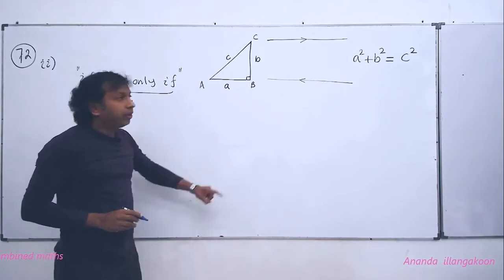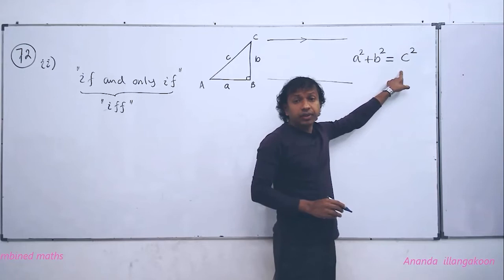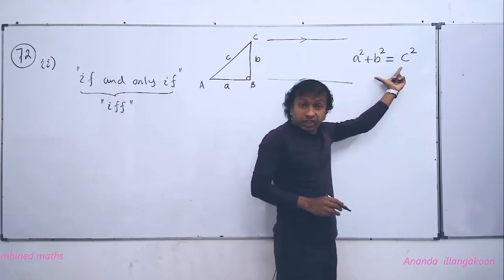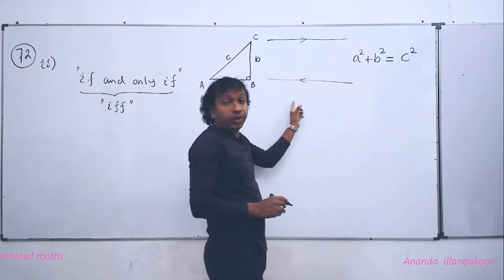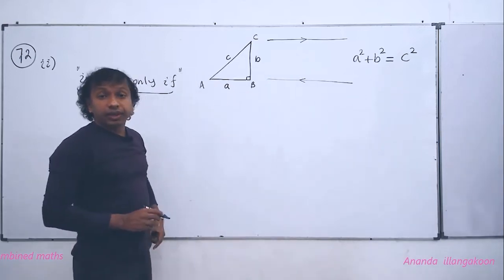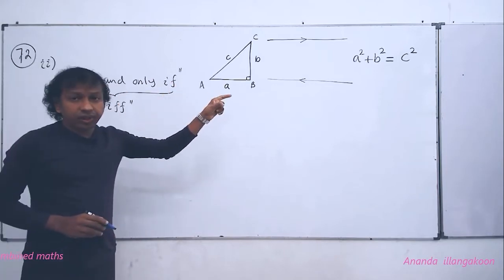If a, b, c are the three sides of a triangle and these three sides satisfy this condition, then the corresponding triangle should be a right angle triangle. See the forward result and the backward result.